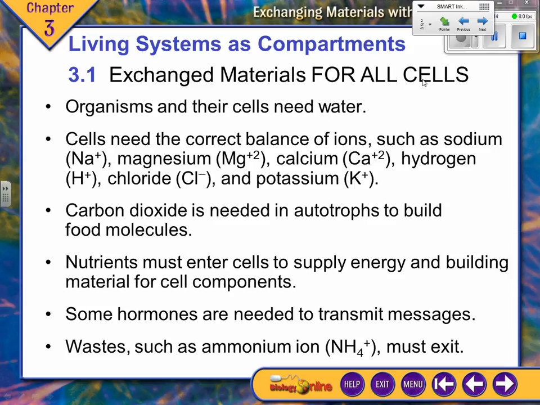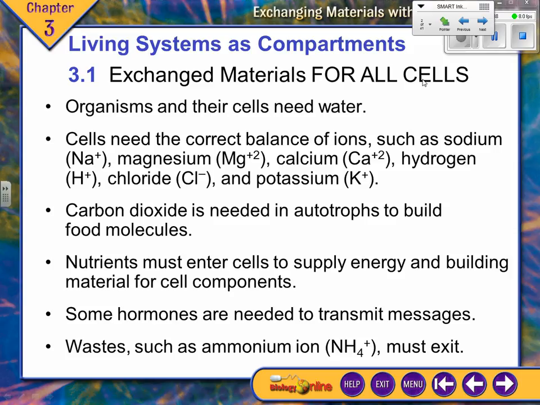Hormones need to be moved around. Maybe this particular cell makes this certain hormone, this certain chemical. It needs to be transported throughout the body to different cells. They need it in. And then wastes. Underline that in. So you start to recognize that ammonia is a nitrogen-based molecule. We actually have an issue with nitrogen. It is toxic. It is bad for us.